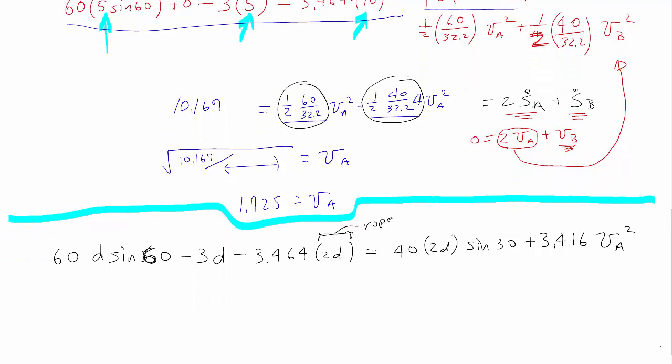So now I'm going to try to put this in and figure out what it is. Some constant number times d equals 3.416 times the velocity of A squared.